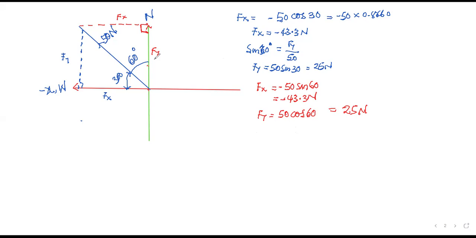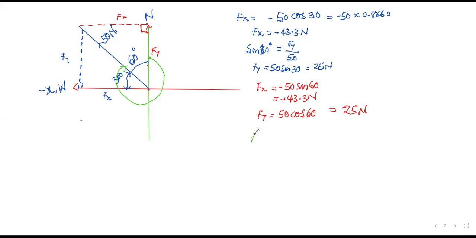The vector makes from this whole angle. Okay, so if this is 60, it means that this angle is 300. So the angle it makes with the y-axis or north is 300.